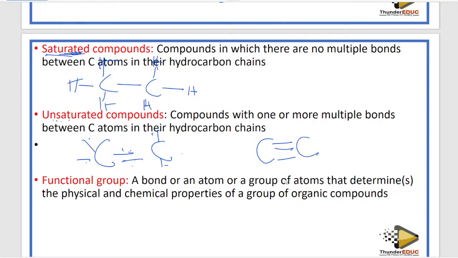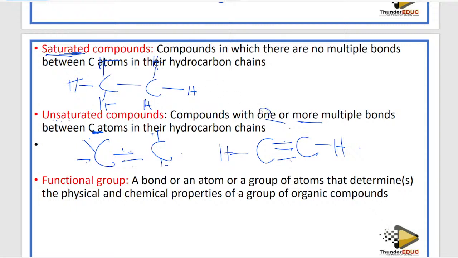We said it's also unsaturated. You see? Yes, it is also unsaturated. So unsaturated compounds have one or more multiple bonds between carbon atoms. That word between must be there. Don't say compounds which have two or more.